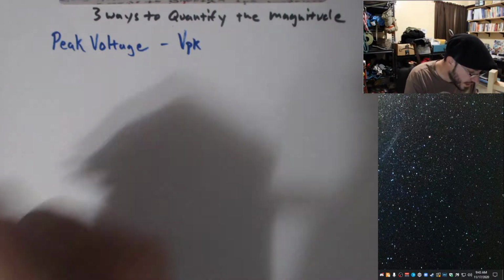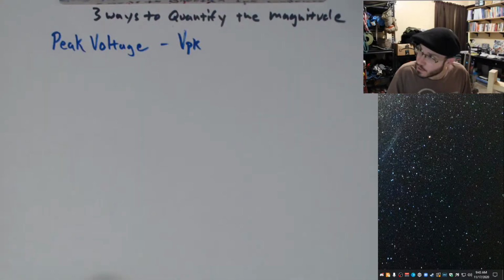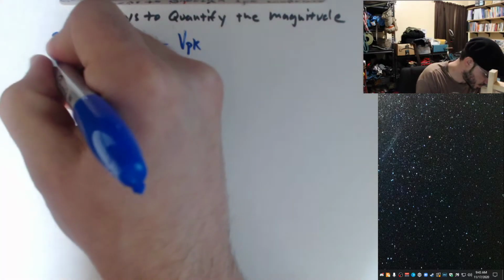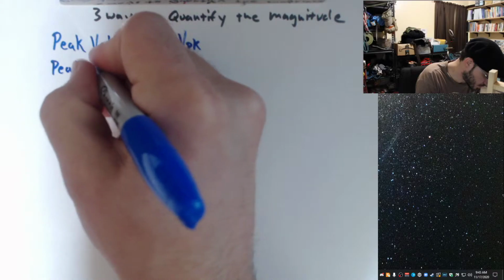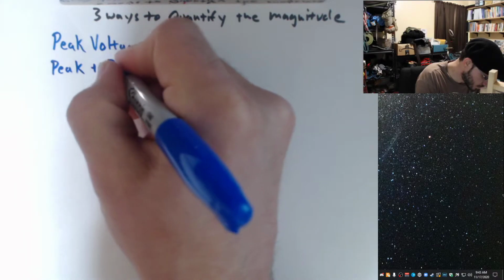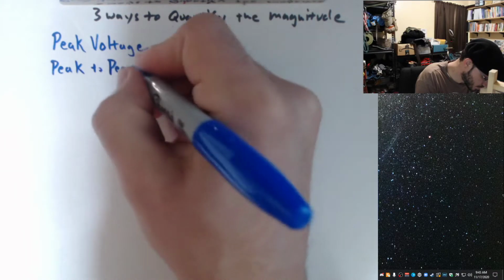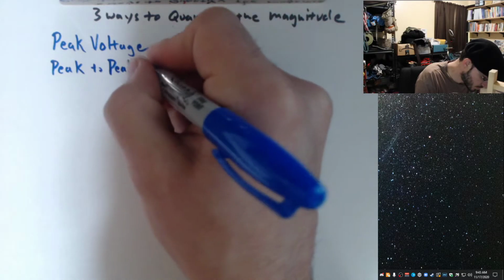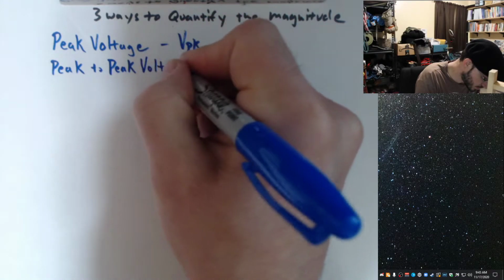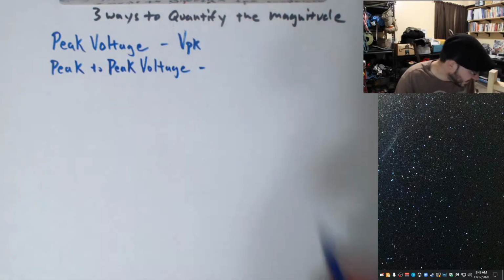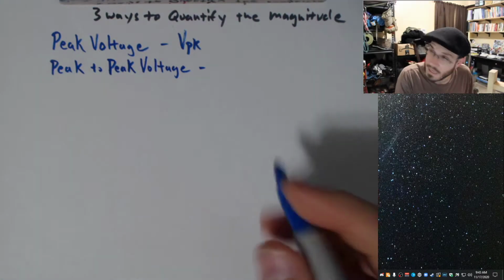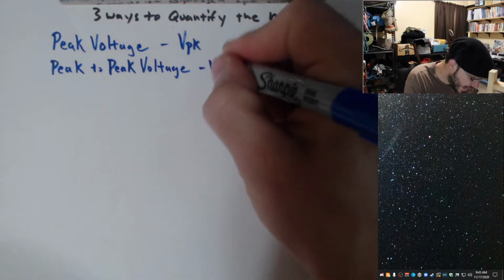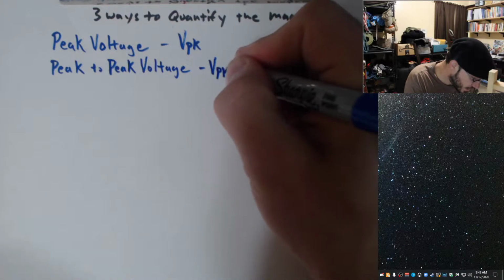Another way that we could go ahead and specify it is the peak to peak voltage. If a value is given in this, we would say it's V peak-to-peak.